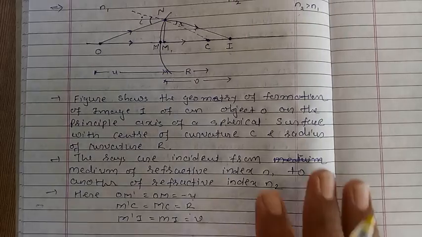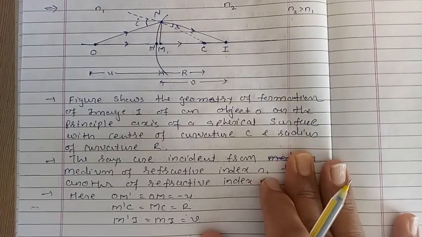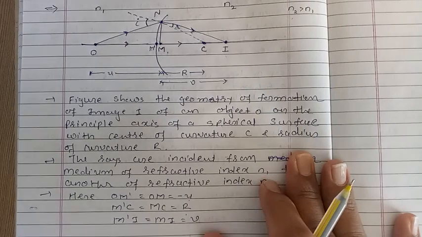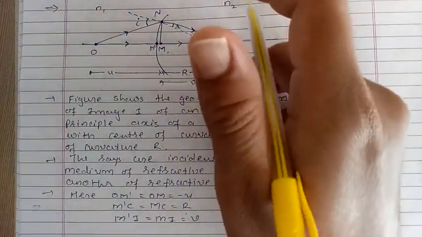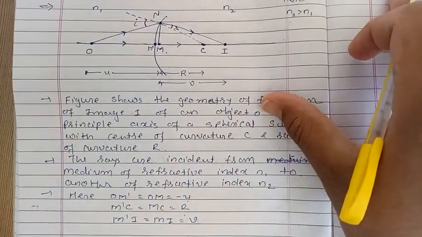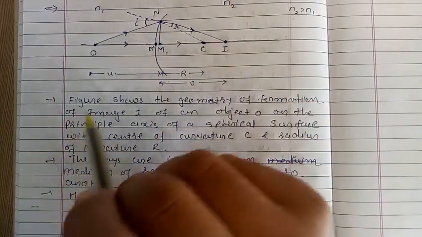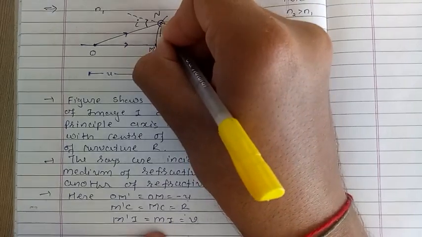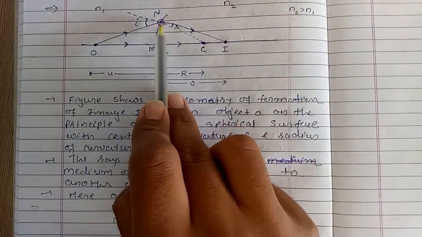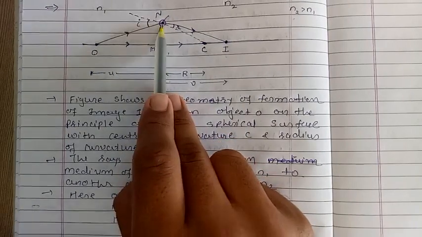Now friends, we have to prove the relation between object distance and image distance in terms of refractive index. So here there are two refractive indices, N1 and N2. See this point N, you can easily see this point N. So friends, we apply Snell's law at this point.